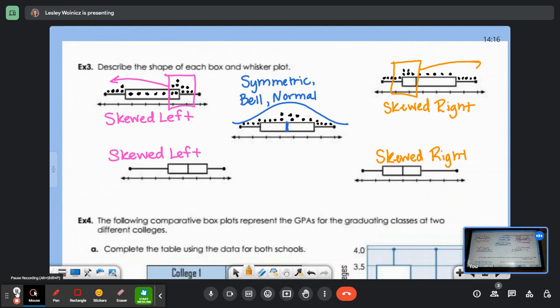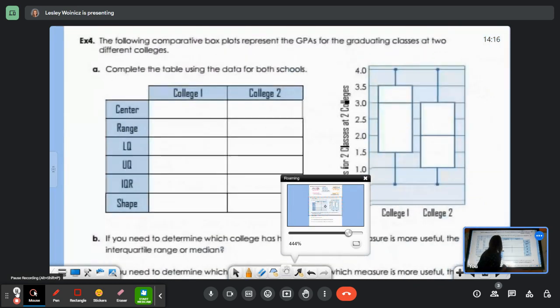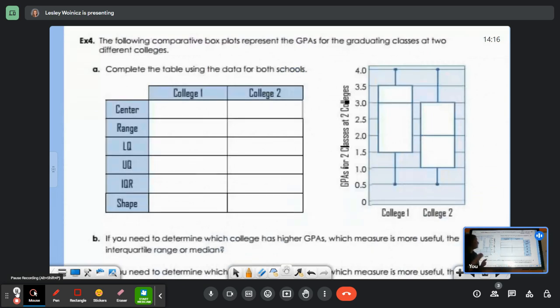Okay. Let's see if we can figure this out together. All right, we have comparative box plots representing GPAs for graduating classes for two different colleges, College 1 and College 2.